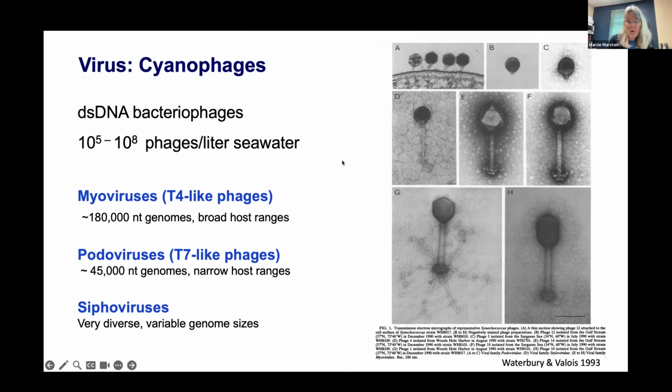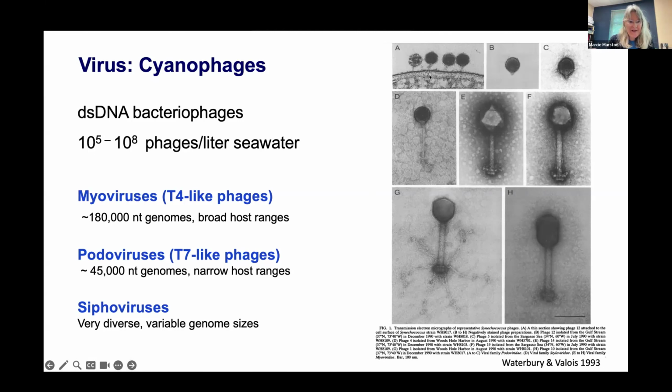There are the T4-like phage that are myoviruses, shown in these bottom 2 pictures. They have relatively large genomes, approximately 180 kb, but they can go up to 250. They often have very broad host ranges, and they carry quite a few genes that they have picked up from their host that can influence the metabolism of their host cell, which I'll talk about in a moment.